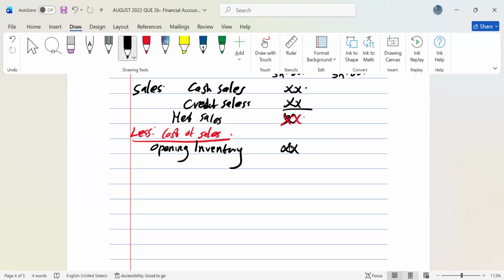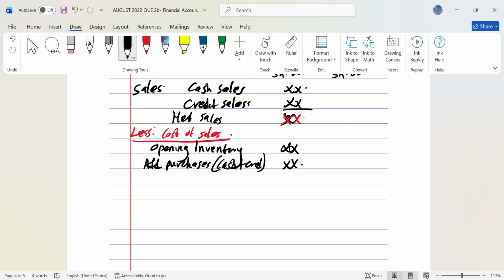Then we add purchases. In this case, I simply mean both cash purchases and credit purchases, that is cash plus credit. So whatever we get, we'll put it here.